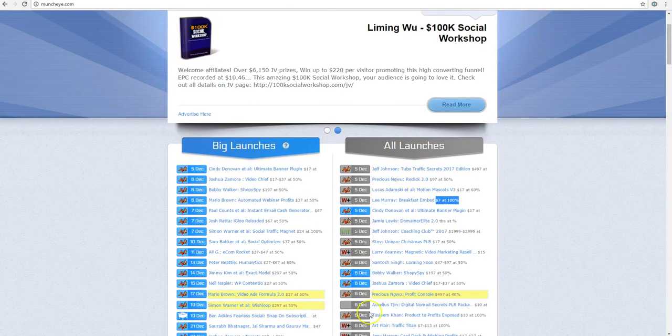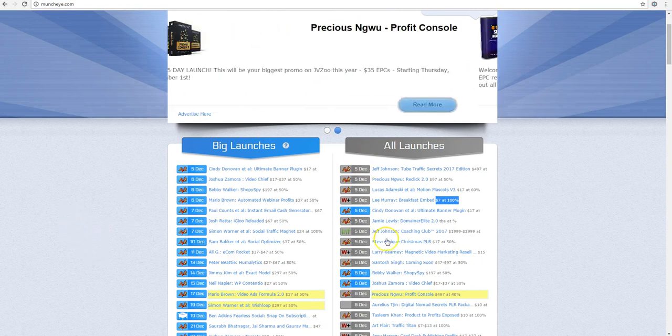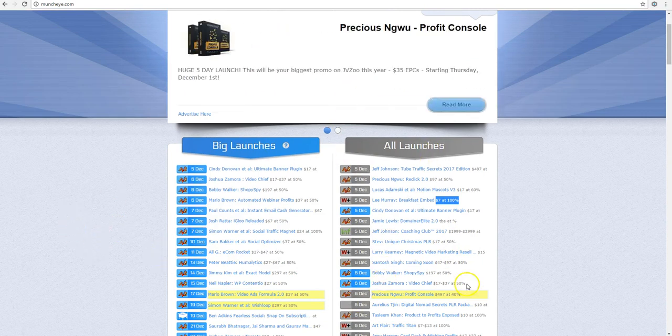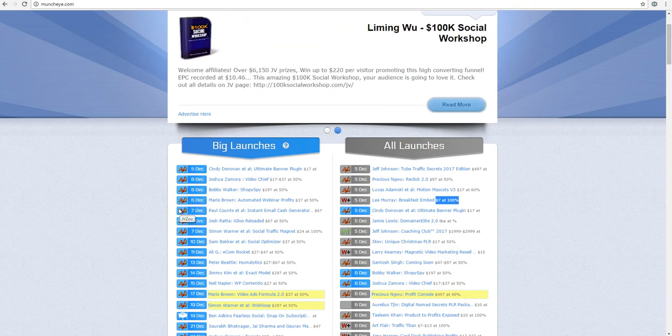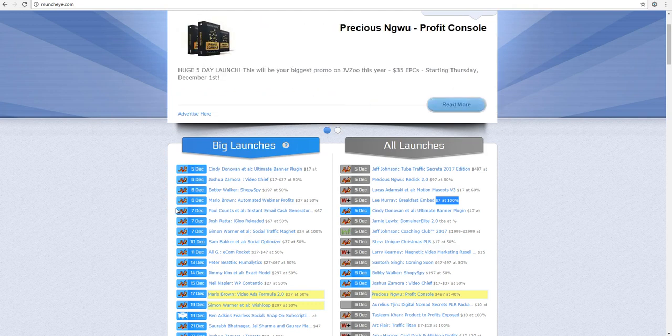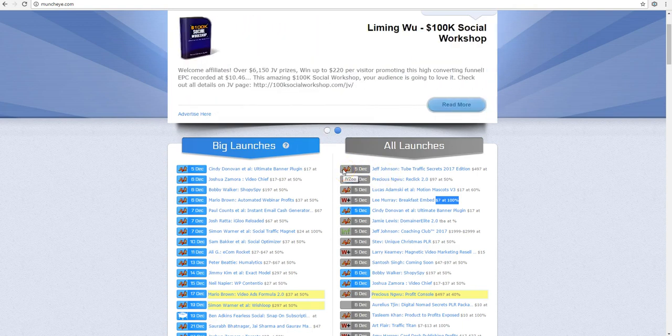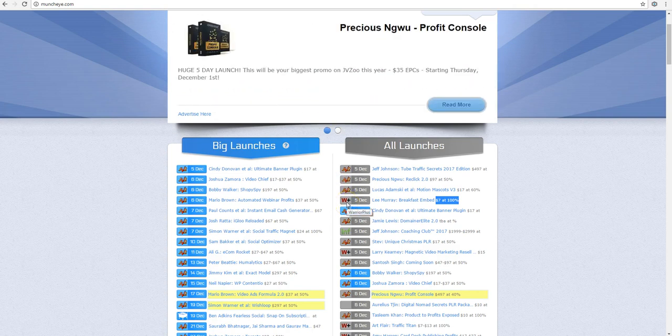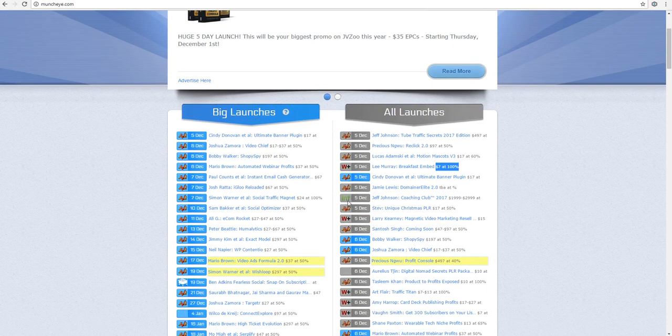That's how you can see which platform they are launching on, and make sure you have an account on that platform, because you cannot join without joining that platform. Let's say if they're launching on JVZoo, you need to have an account with JVZoo. If it is from Warrior Plus, you need to have an account with Warrior Plus, and so on.